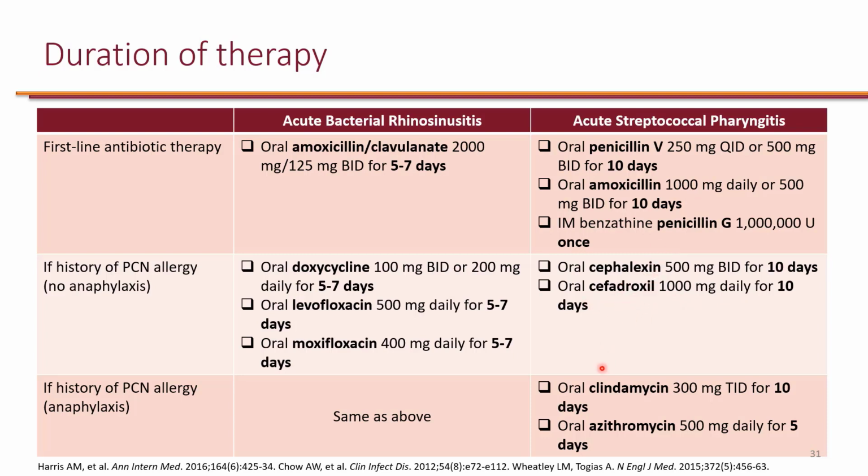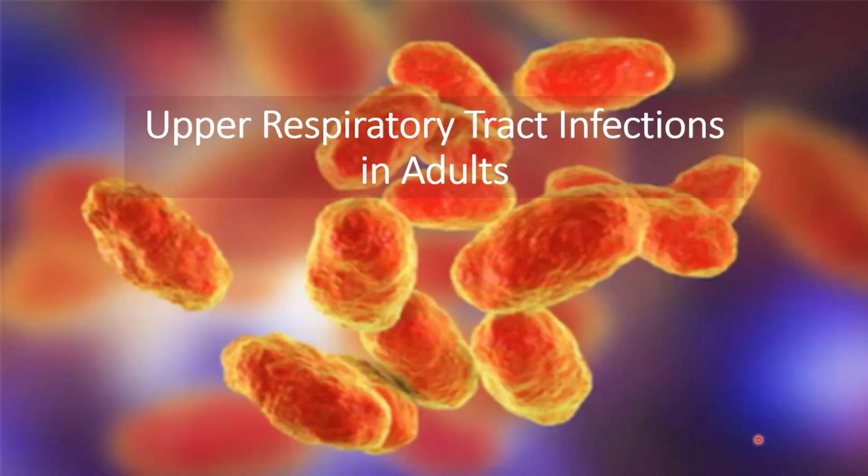In that case, we have to use non-beta lactams. So oral clindamycin would be an option for 10 days. Alternatively, also clarithromycin for 10 days, or azithromycin for 5 days would actually improve adherence because this is the shorter duration. This concludes this presentation.